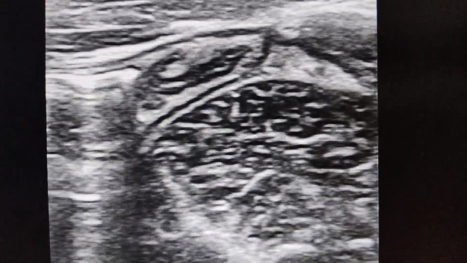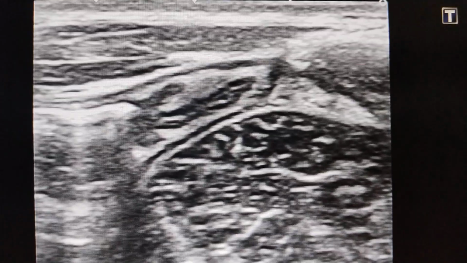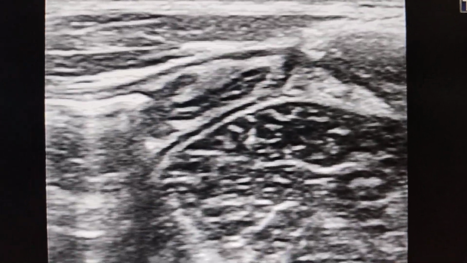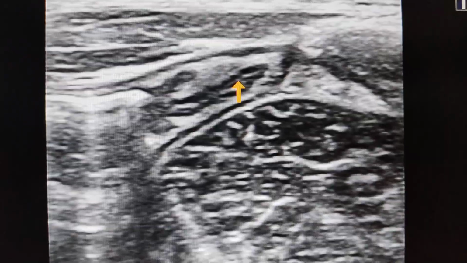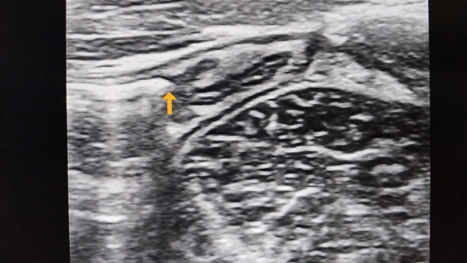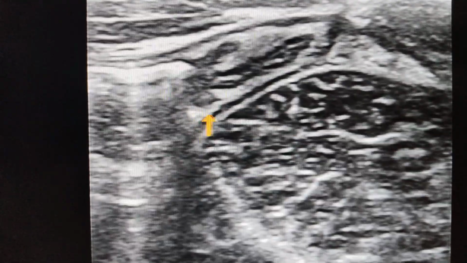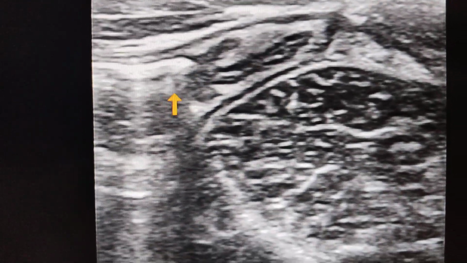So look at here. This is the appendix, its proximal portion, and this is the base of the appendix, and this is the cecum.